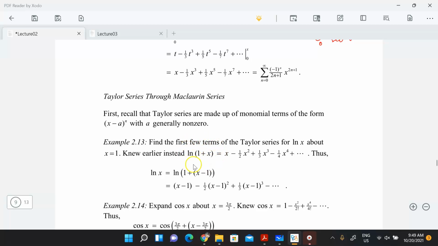The log 1 plus x is given in terms of this power series, and that is expanding about x equals 0.